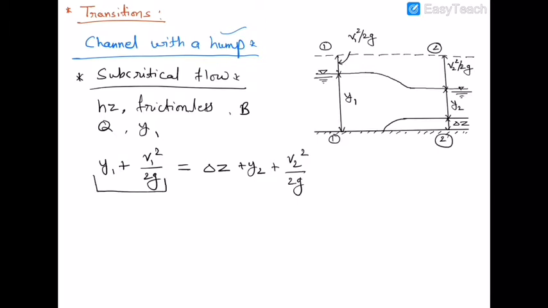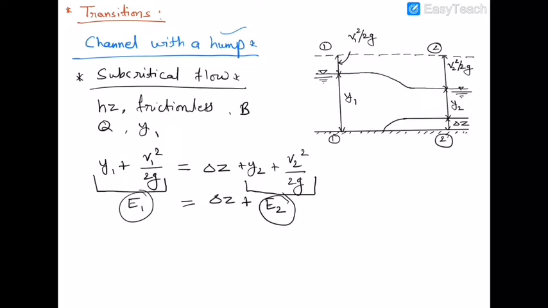This portion we can define as E1. This is delta Z, and this we can define as E2. What are E1 and E2? These are specific energies, because this energy we are finding by considering the datum as the channel bottom.